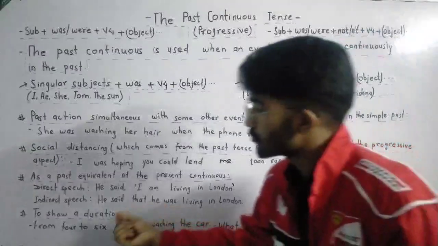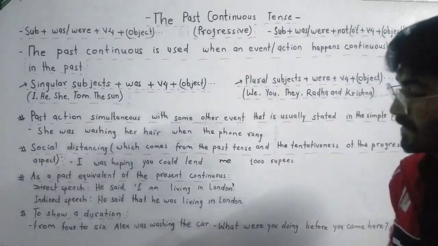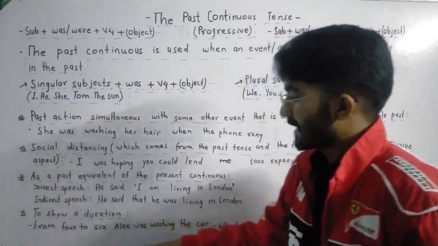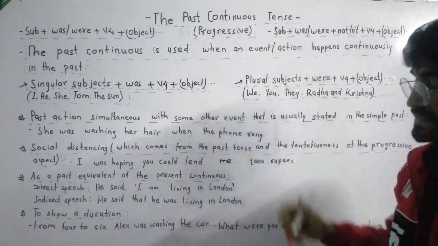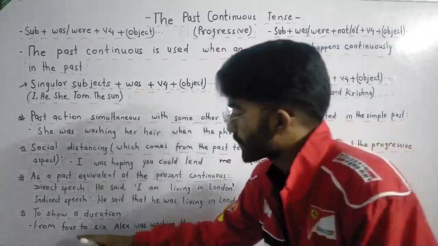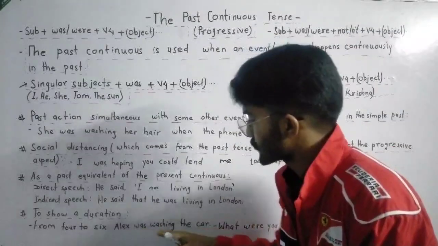Another use is to show a duration. See, from 4 to 6, how people use the past continuous tense we are discussing. From 4 to 6, Alex was washing the car.